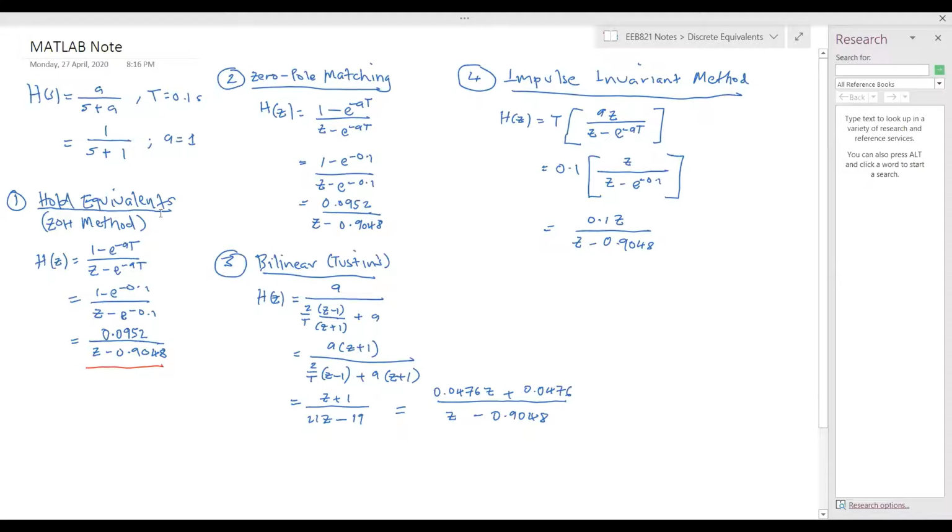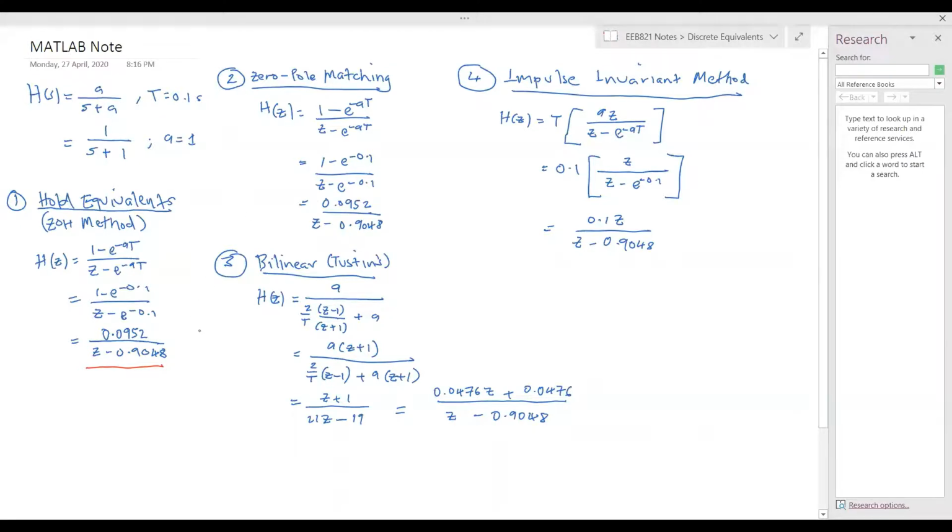Now moving on to the second one, which is pole zero matching. So using this method for this particular transfer function, I got the same result as using the hold equivalence method, which is finally, when you substitute A and T, we got 0.0952 divided by z minus 0.9048.